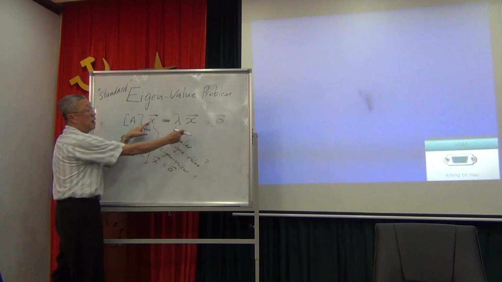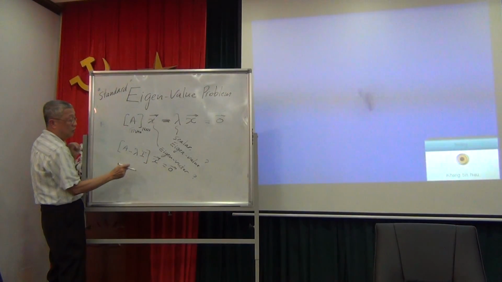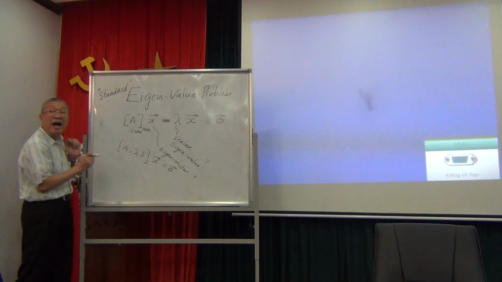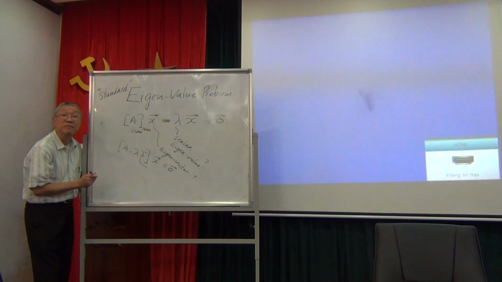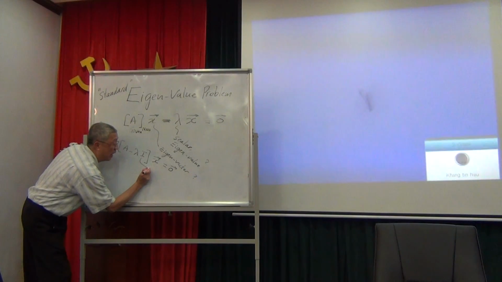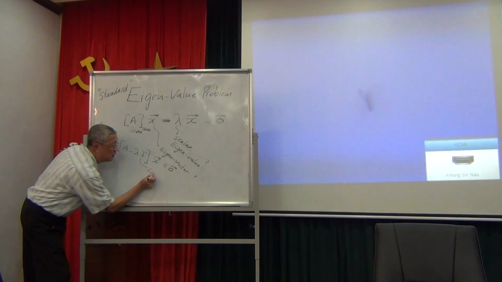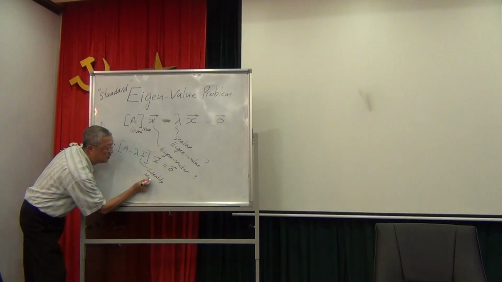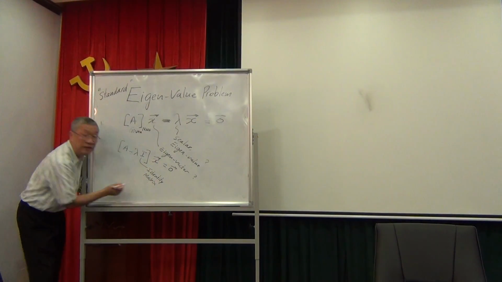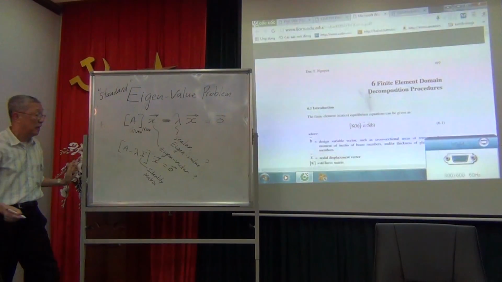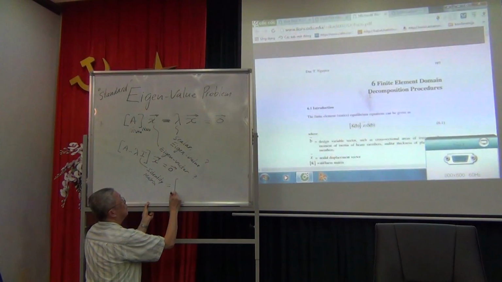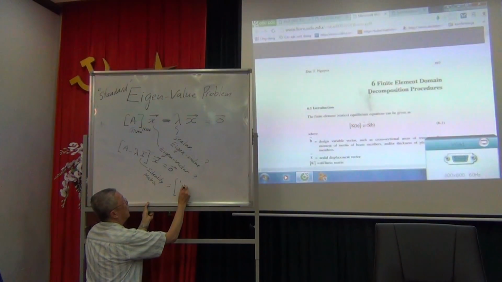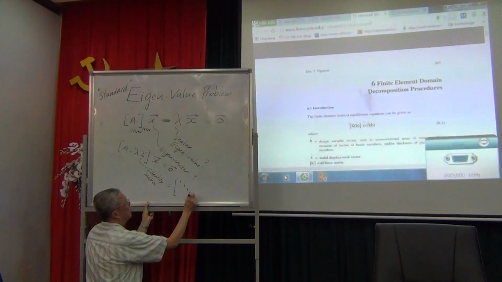Because you factorize the eigenvector x, what you have left is just lambda and I. I here is the identity matrix. And of course, the identity matrix will look like this: 1, 1, 1, and so on, 1.